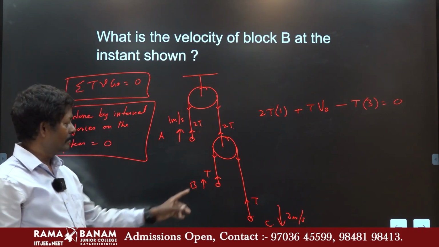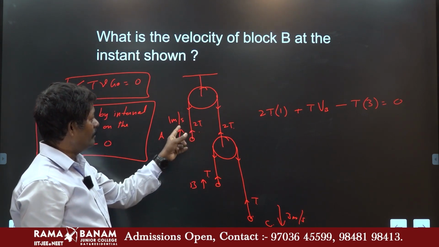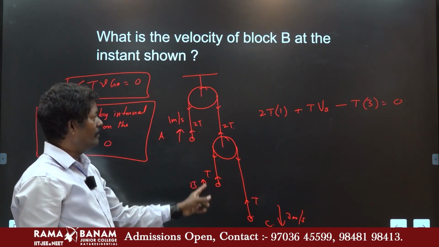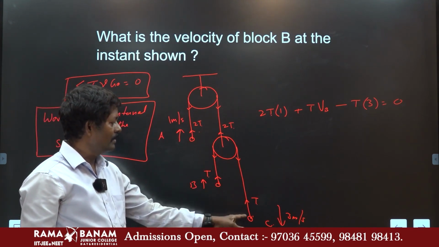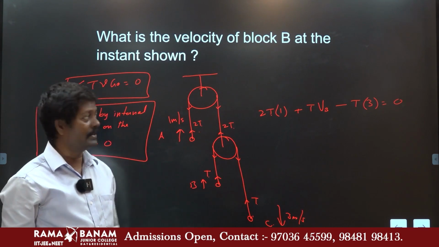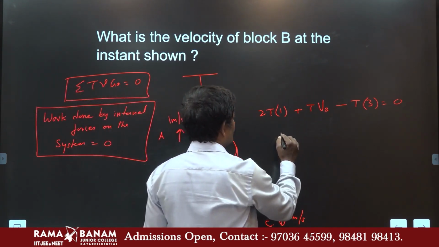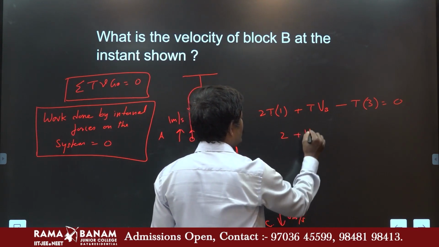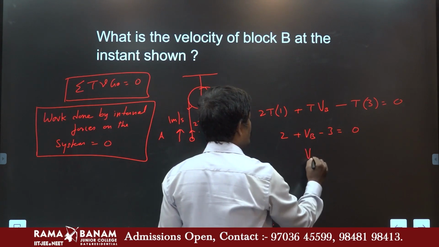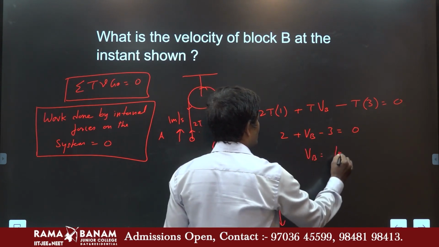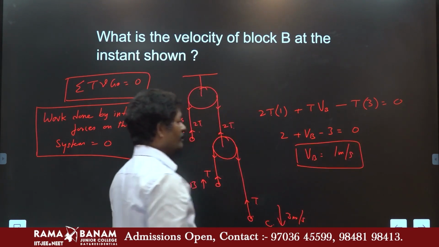Once again I am repeating here, 2T into 1 plus T into VB minus T into 3. Why minus sign? 180 degrees here, so cos 180 is minus 1. So T gets cancelled. 2 plus VB minus 3 equal to 0. So VB is 1 meter per second.